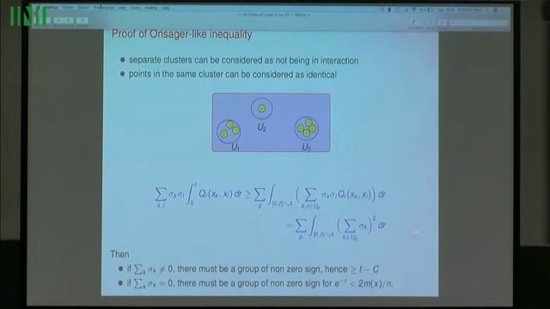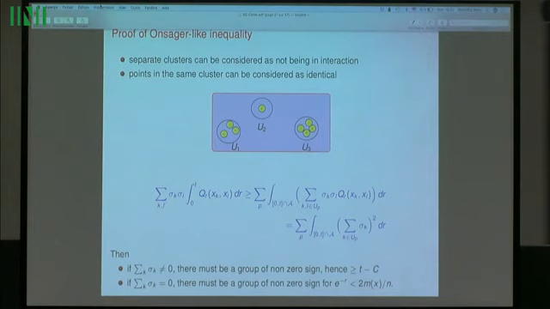Now the interesting case is when the sum of charge is equal to 0. Then there will be scales. If the scale R is large enough, and you can even quantify precisely what you mean by large enough, if the scale is smaller than the dipole distance, then you necessarily have to find a cluster for which the sum of charge is not 0.